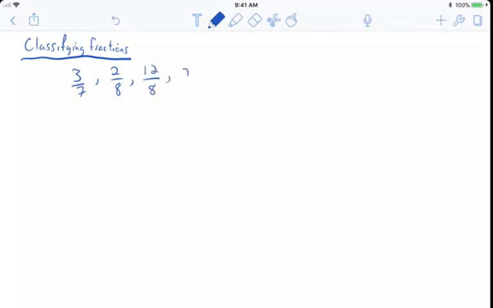So classifying fractions. All right, so let me write out some fractions for you. A fraction is just one number over another number, and the idea here is that it's overall a number, but it's represented by something where that line is a shorthand for division.